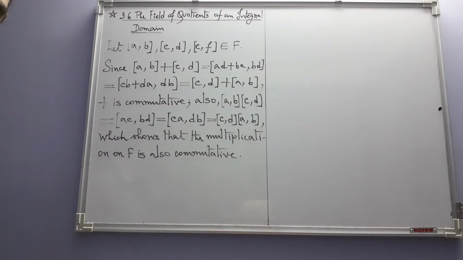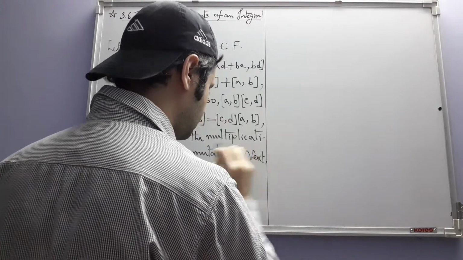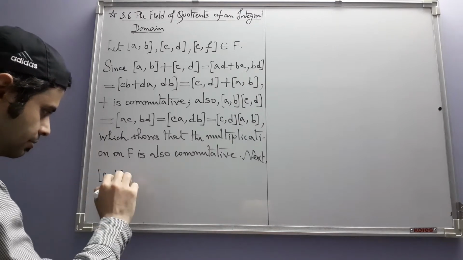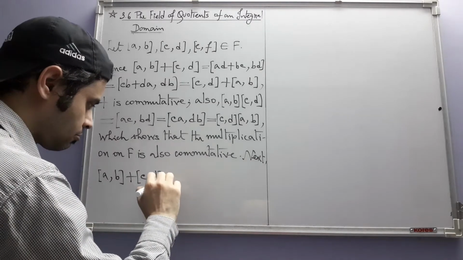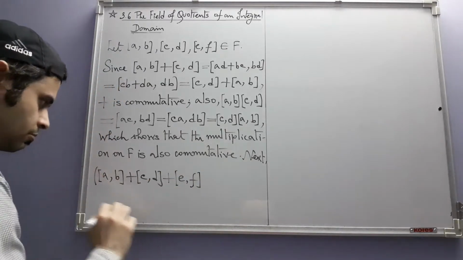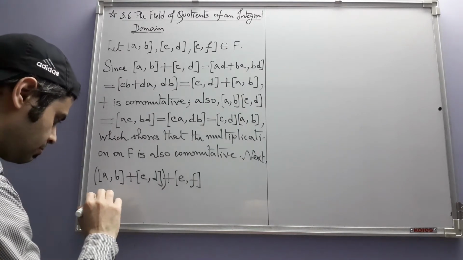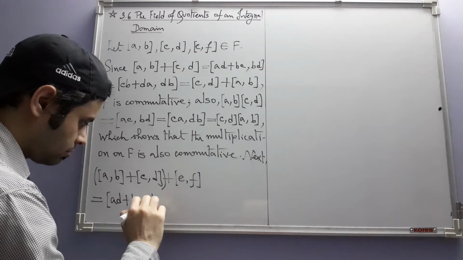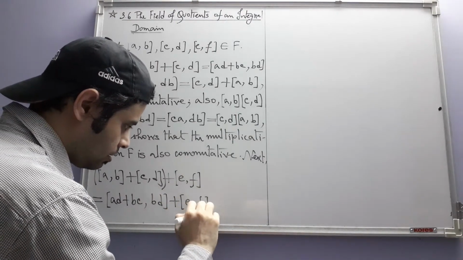Next we verify the associative laws. Next we calculate this expression. So this is going to be equal to (ad plus bc, bd) plus (e, f).